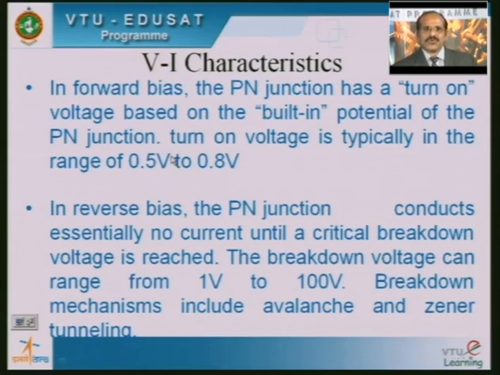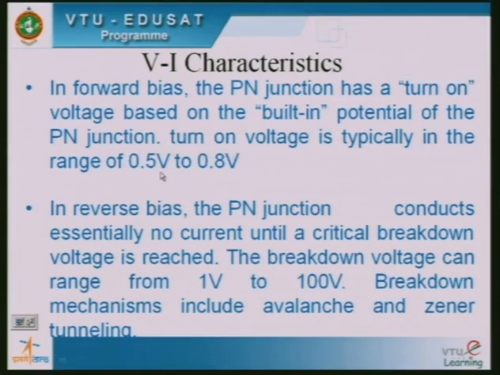Therefore you can see that the barrier potential, or turn on voltage, or threshold voltage, varies with the material used in fabricating the PN junction diode. In forward bias, the PN junction has a turn on voltage based on the built-in potential of the PN junction.